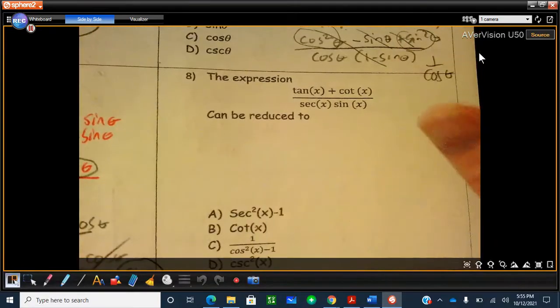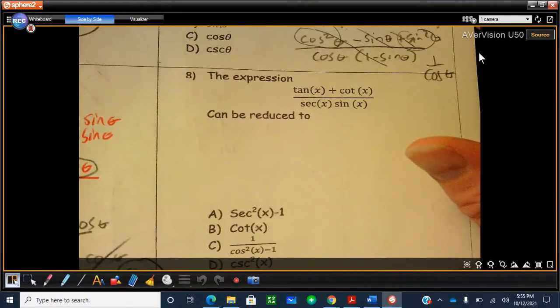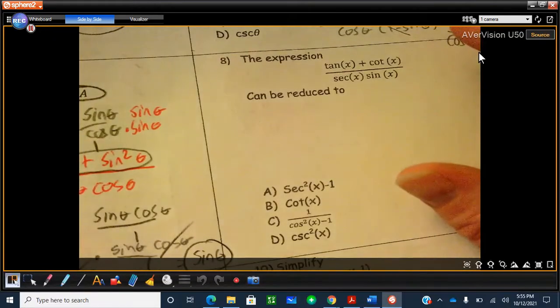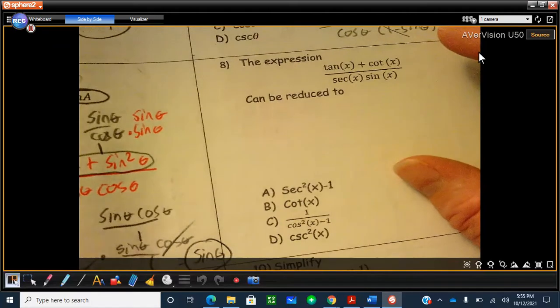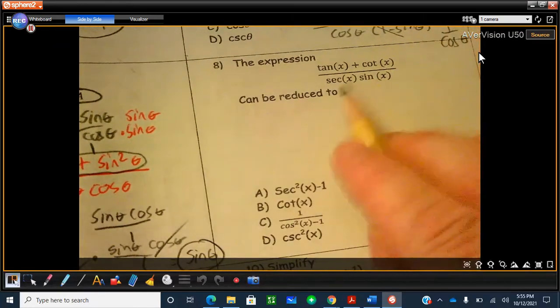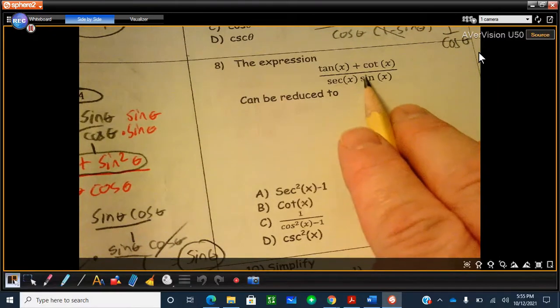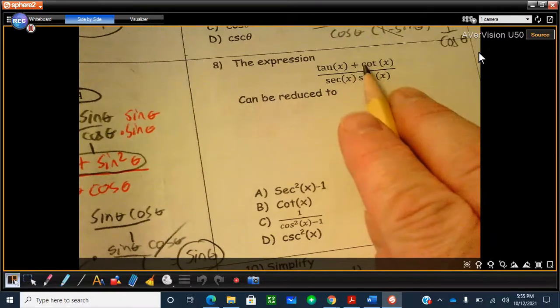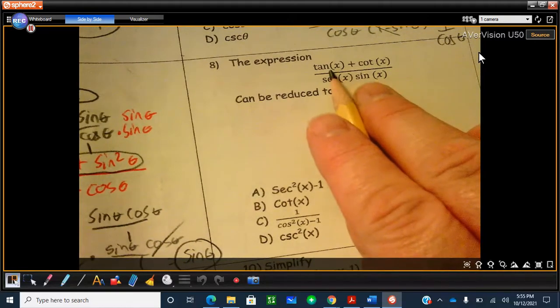Number 8. Looks kind of not friendly if we're just trying to reduce it. What you're going to want to do here is, I would start with the denominator. Some people start with the top. So if I start with the top, let me do something different right here.